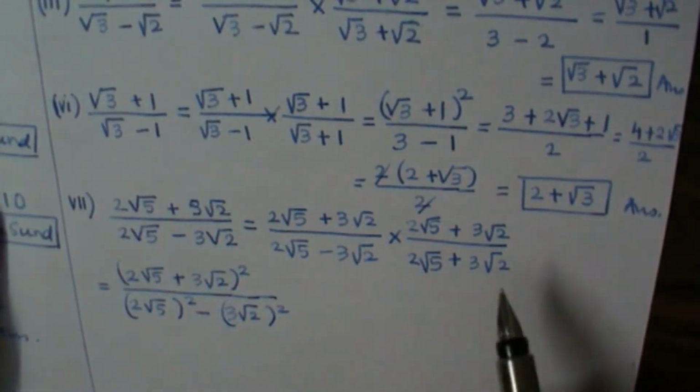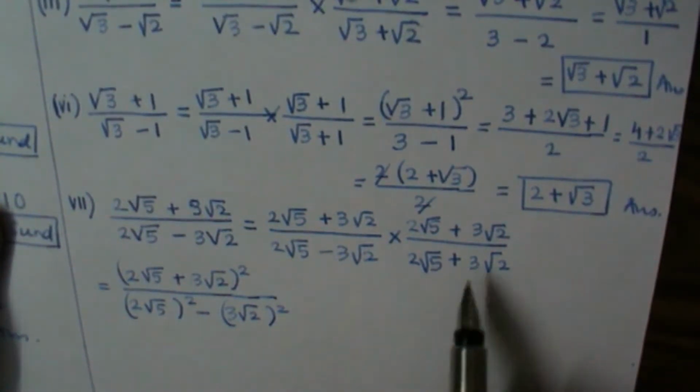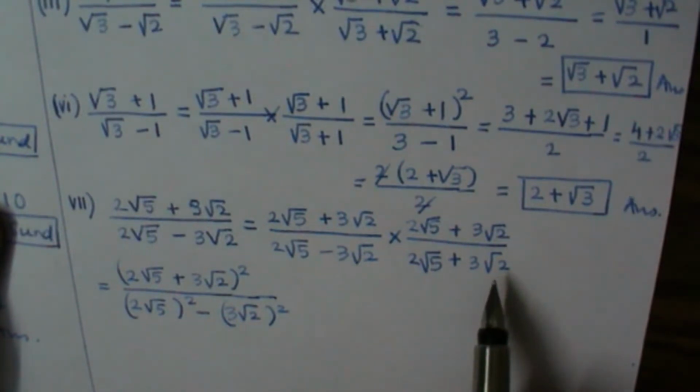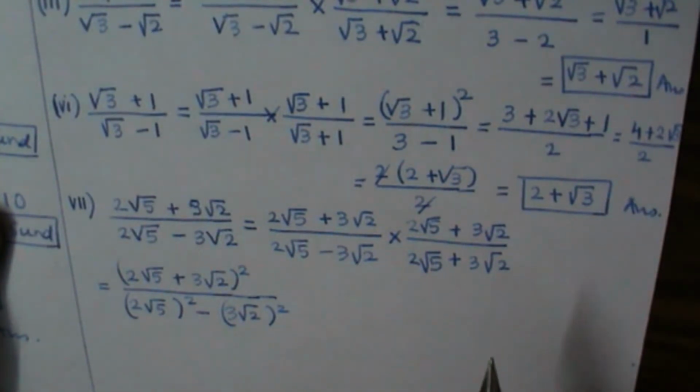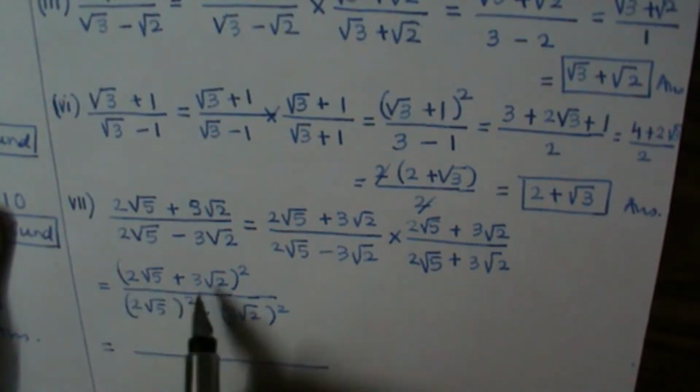Which identity have we used over here? A minus b into a plus b is equal to a square minus b square. And so we have come to the numerator here.